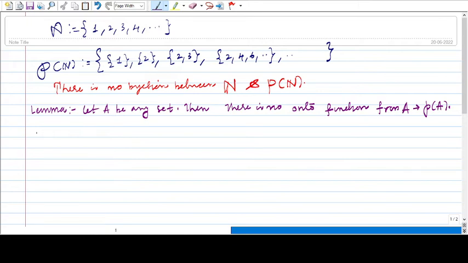So how do we prove this one? We use the method of contradiction.